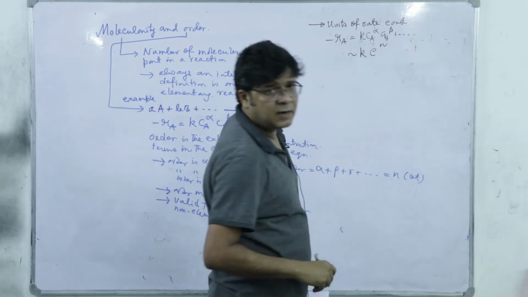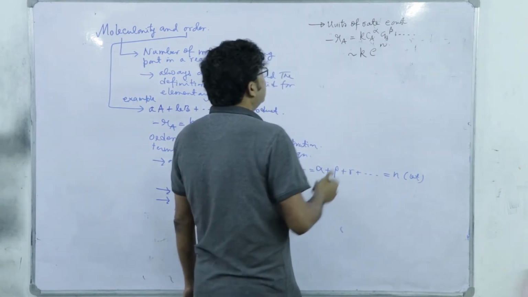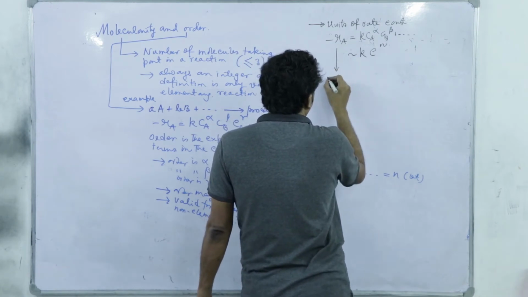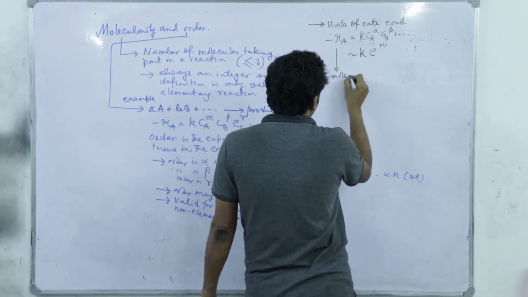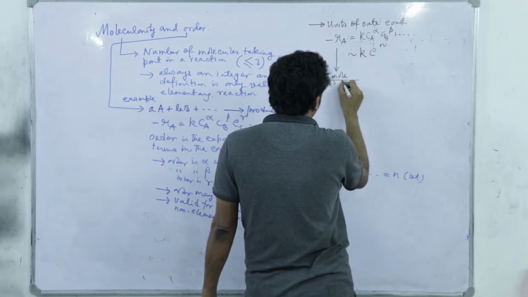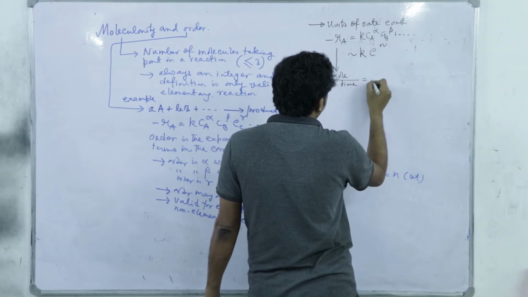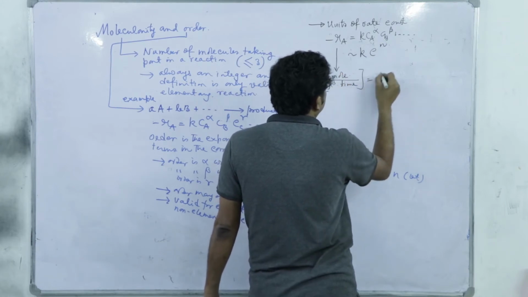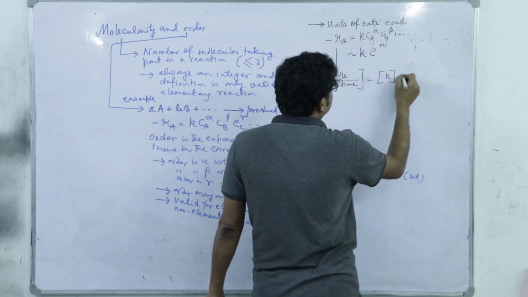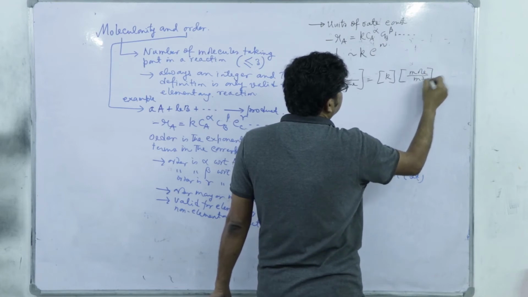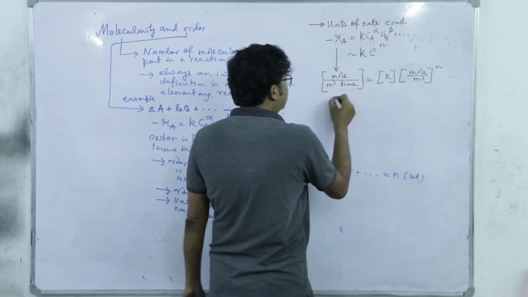So, concentration term raised to the power overall order, right. So, minus rA, what will be its unit? Mole per meter cube time. Its dimension is this, dimension of k and mole per meter cube to the power n.